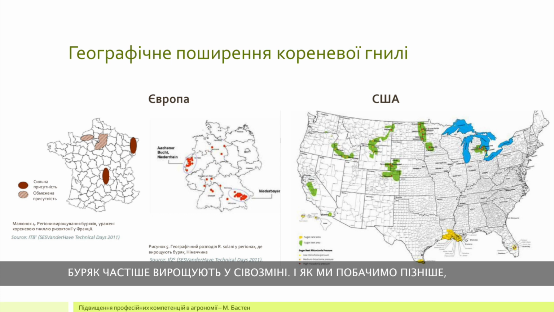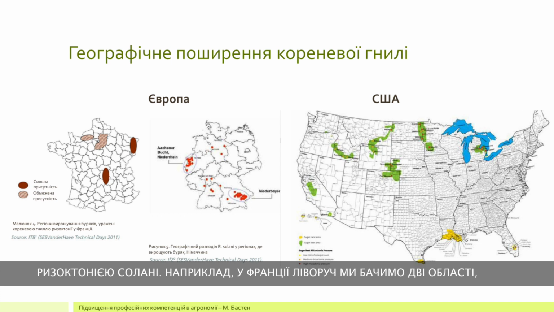And as we will see later on, the rotation and the crops grown in a rotation are very important for the spread of Rhizoctonia solani root rot.